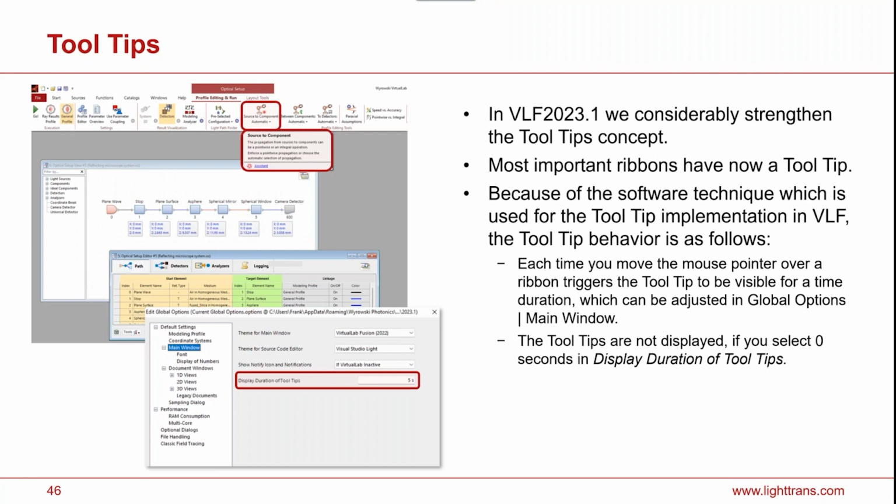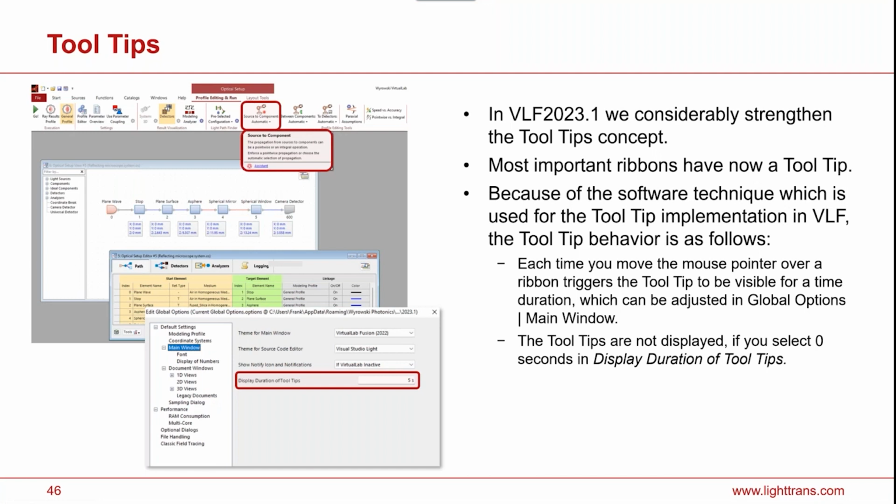We are using for tooltips a special tool. I just mentioned that because the behavior is a little bit untypical. So it's not there if you go there and then it goes away when you go away, but it's there for some time and then it goes away. And this time you can control in the global options. And if you put it to 0, then you don't see them at all.